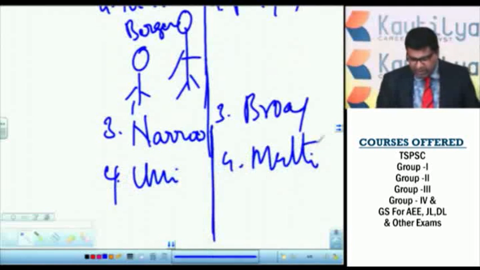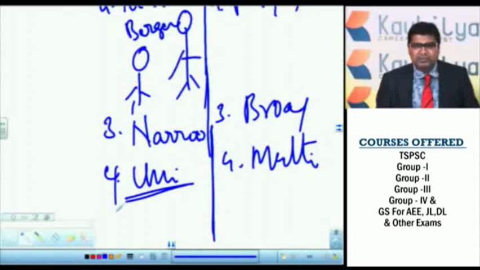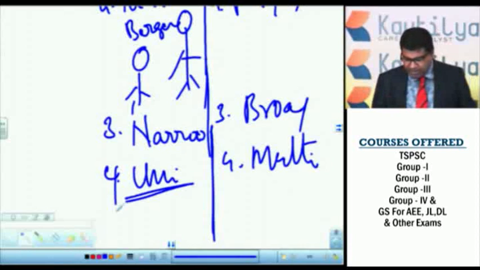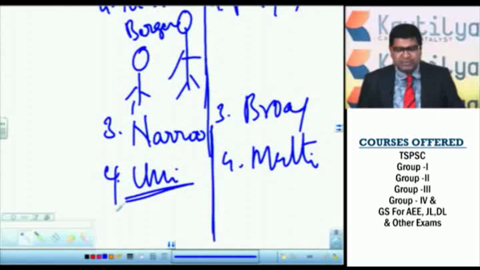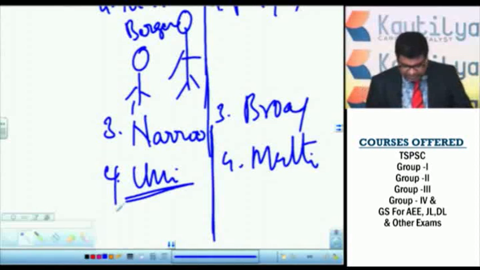Uni means it has to focus on how to improve the production. But multidimensional means it has to not only concentrate on how to improve the production, but also on how to distribute the production to vulnerable sections of the society.